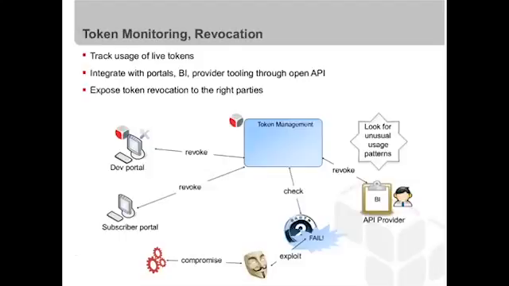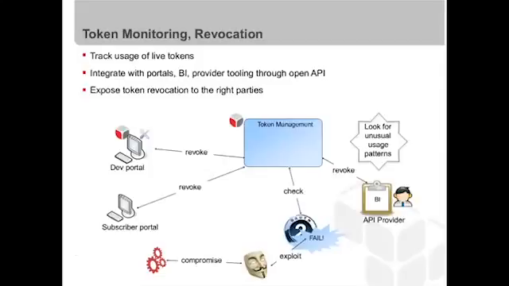The provider would send me an email that would confirm that I've authorized an application to consume this API, and it would be nice if I had a link in that email that would allow me to easily revoke this access. I might also want, as part of the subscriber portal, to be able to see all the applications that I've granted access to, and to revoke some of them if I feel that something might have been compromised.